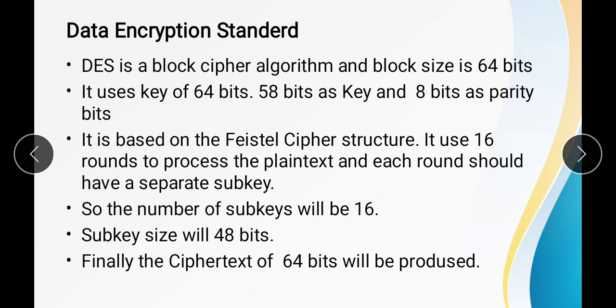Each round has a particular sub key, and the size of the sub key will be 48 bits for each round, and after the whole process we will get a ciphertext of 64 bits. So let's start with the topic.